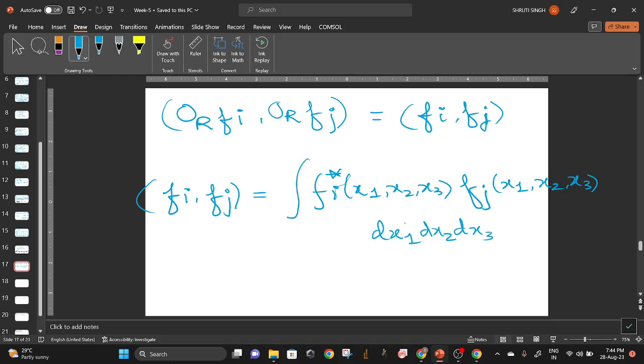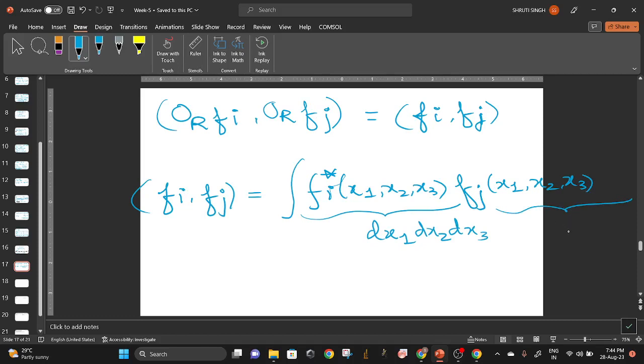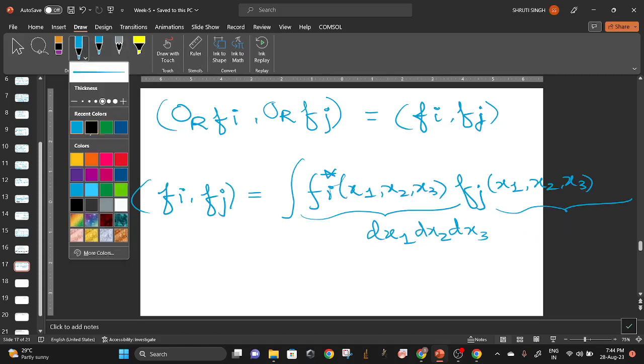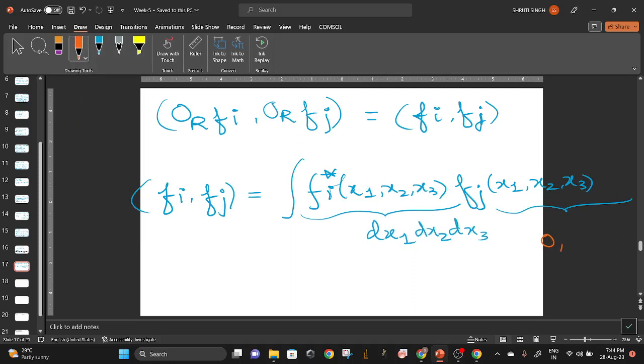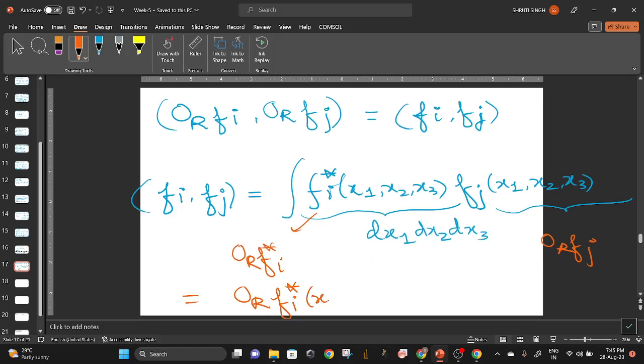Now this part can be written as O_R f_j, and this part can be written as O_R f_i star. So in total it will be O_R f_i star at x1', x2', x3' times O_R f_j.